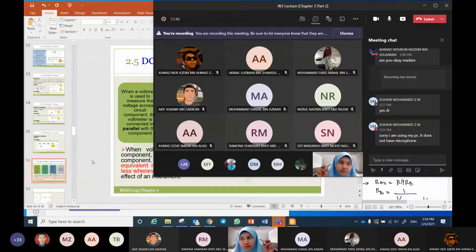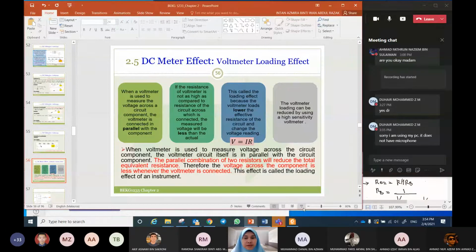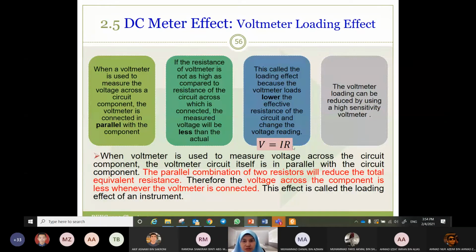The actual is 10. When we put the voltmeter, that has internal R, the equivalent R become lower, right? So if the R is low, V will be lower as well.